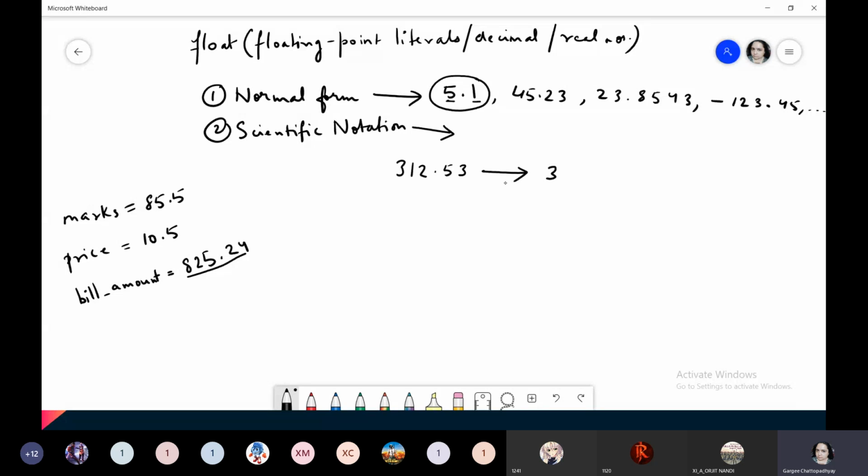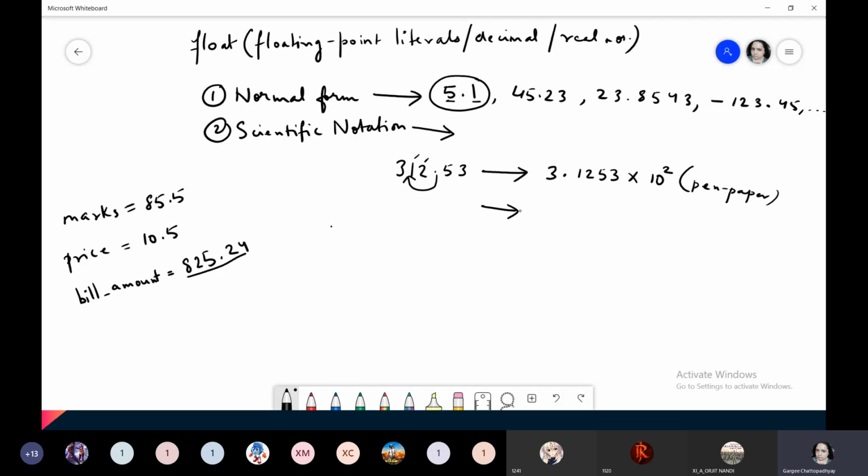How will I be doing it? 3.1253 into 10 raised to the power 2, because I moved this floating point 2 places towards the left side. So it took up a positive value and it will be written as into 10 raised to the power 2. This is scientific notation. Now this is how we write on pen and paper.